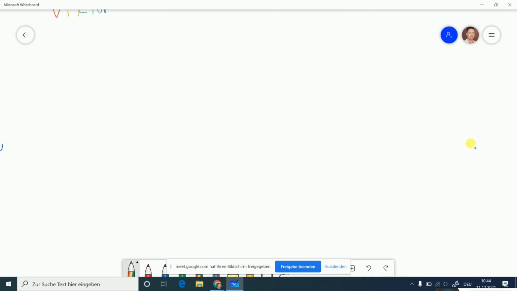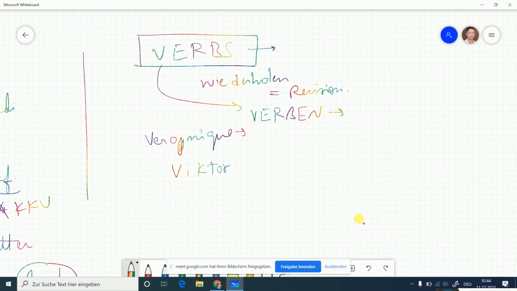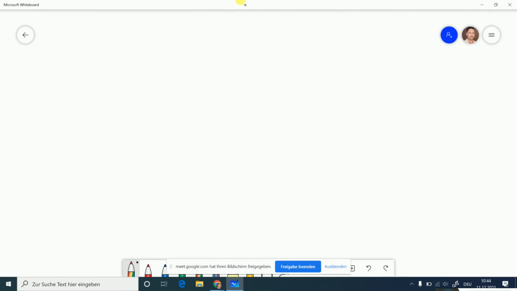Okay, so what I wanted to talk about is schreiben, for example. When we see this verb, this is the most original, the virgin form of the verb, which you normally find in a dictionary also.